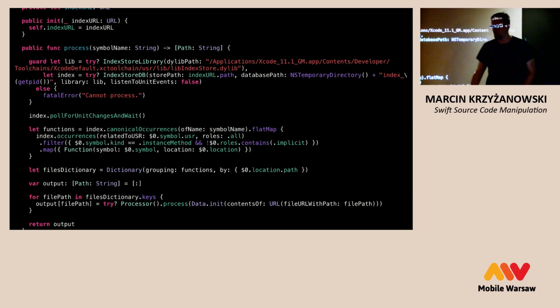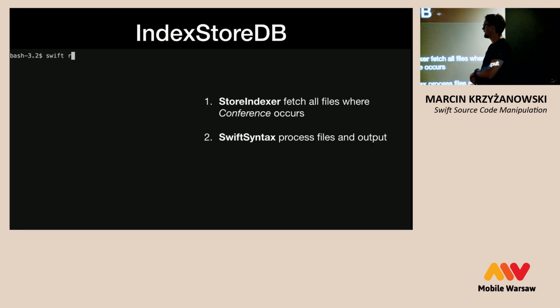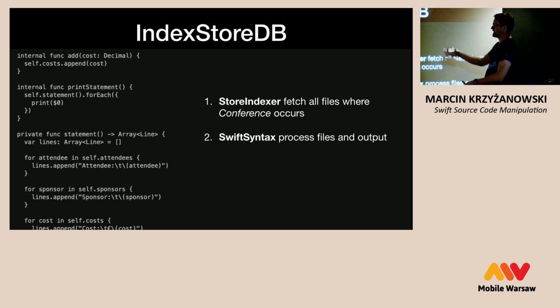I'm asking for the occurrences of the symbol Conference, so I will get the location of the Conference class. After that, I don't have to specify the path to the Swift file. I just use the index, and the output is the same because I'm using the same rewriter after that.